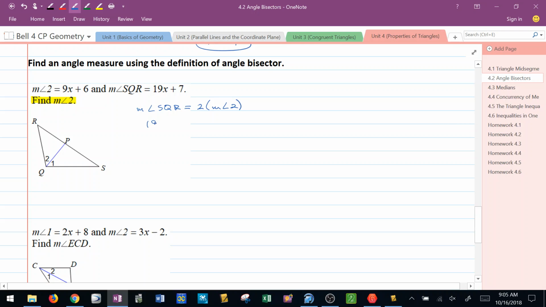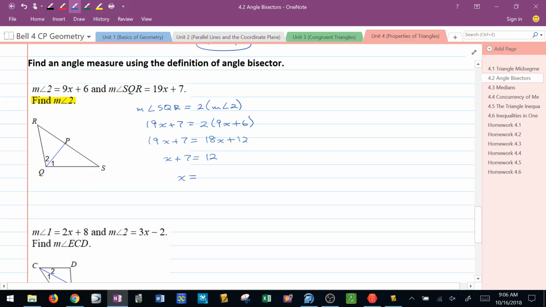This will allow me to find x by substituting, distributing, and then moving terms around so that I can solve. Subtract 18, so I get x plus 7 is 12.